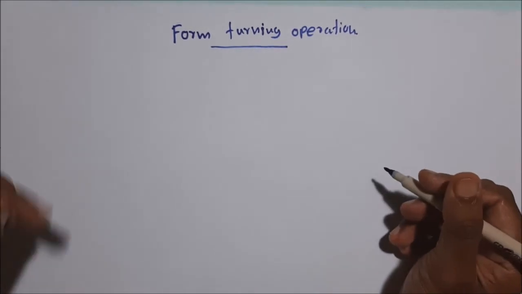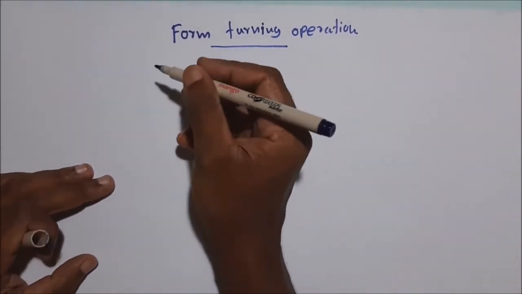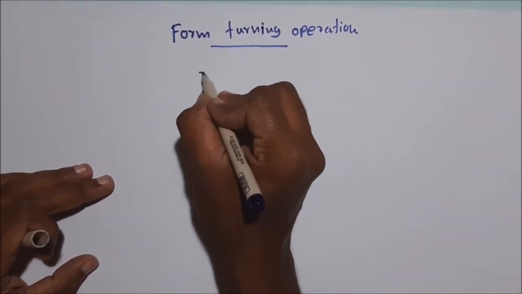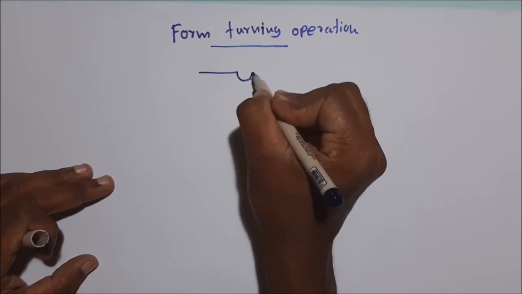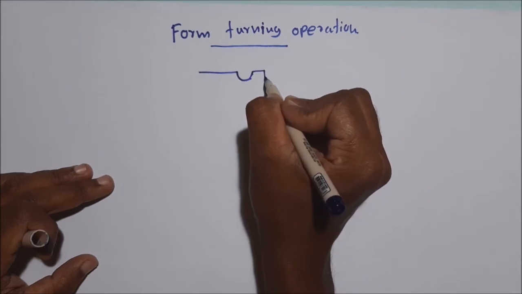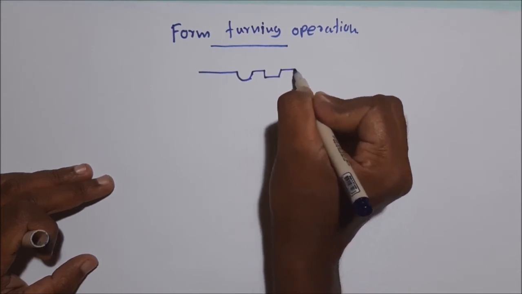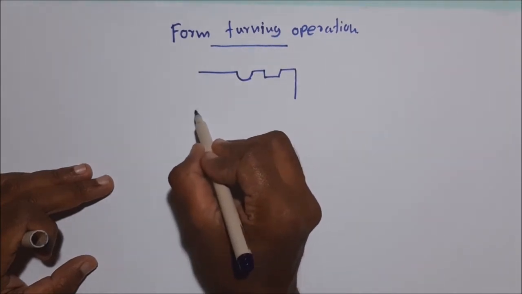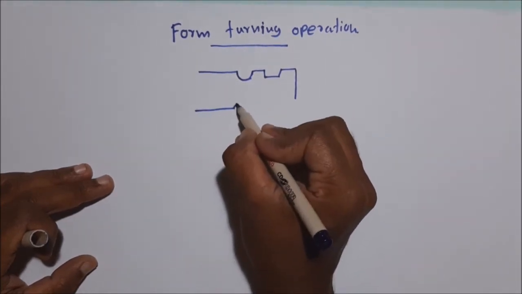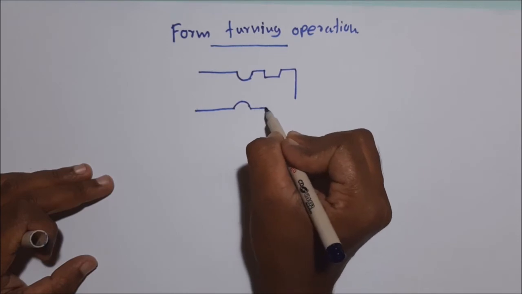Form turning operation is used to generate certain pattern shapes.